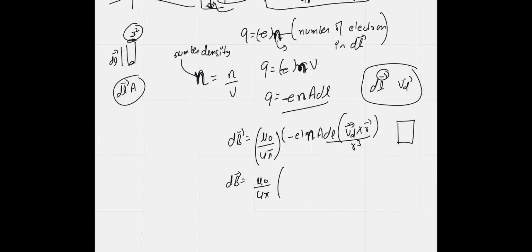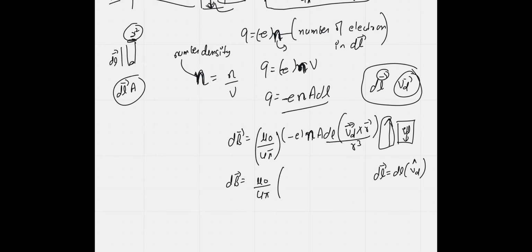This was my portion I took. My vd is basically the velocity of electron, so this is representing vd downside. Can I say that this dl, basically the direction, is nothing but dl magnitude multiplied by the vd vector?